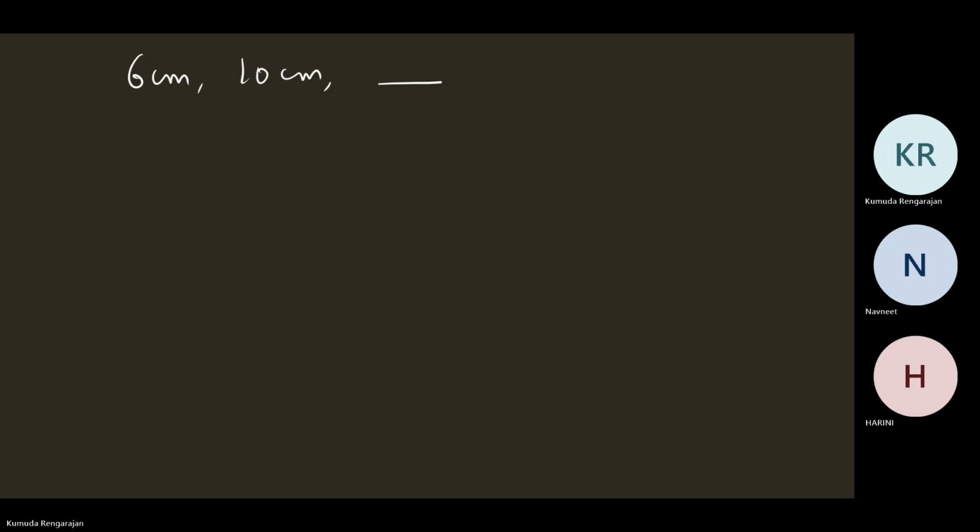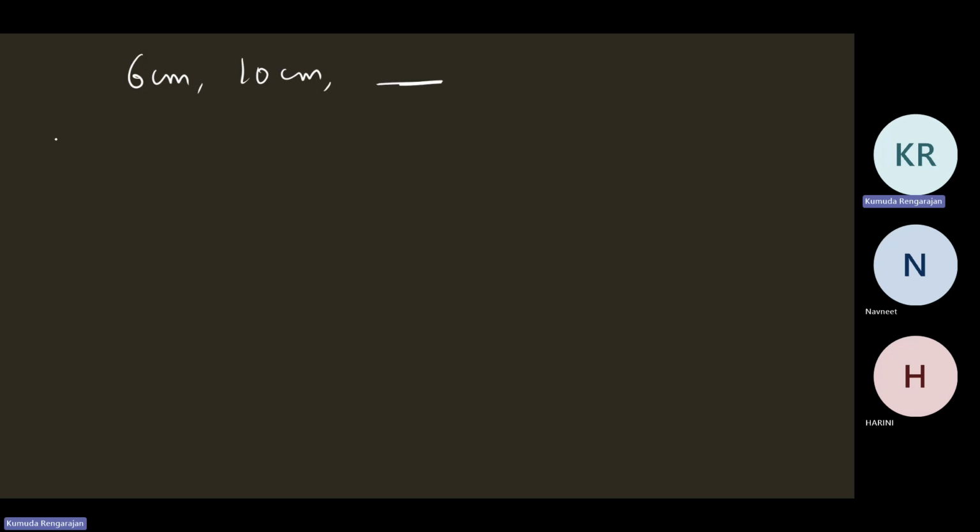So for that, you need to use these two properties. We are given 6 centimeters and 10 centimeters. What can be the possible lengths of the third side so that these three line segments can form a triangle?